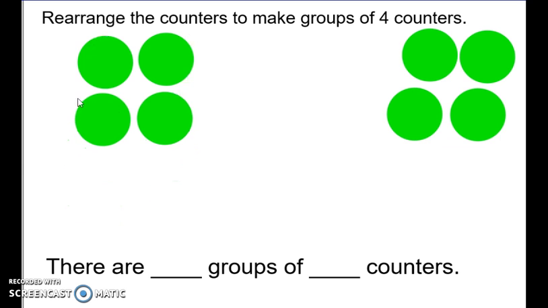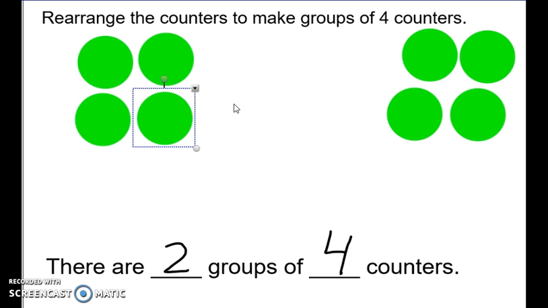So here I have 2 groups. 1, 2. And in each group, there are 4 counters. 1, 2, 3, 4. So there are 2 groups of 4 counters.